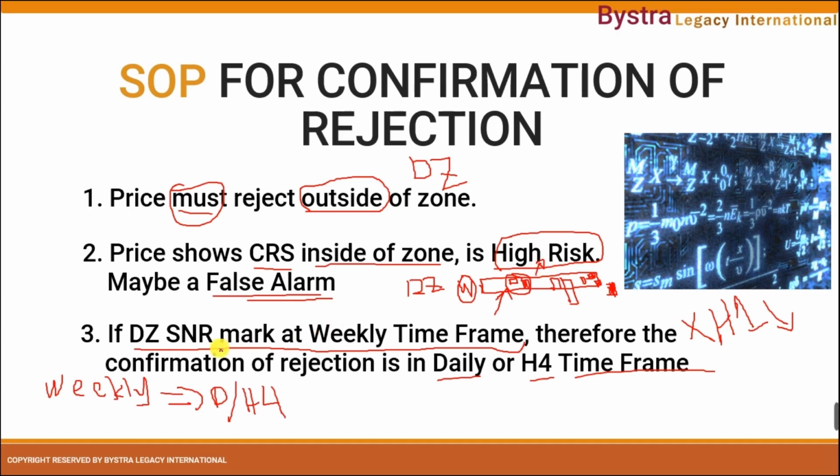And if you mark the danger zone at the weekly time frame, the confirmation of rejection has to be in daily or H4. So if you mark the danger zone at daily, your confirmation time frame for rejection is H4 or H1. Okay, I hope you guys are clear with this. This is very important.